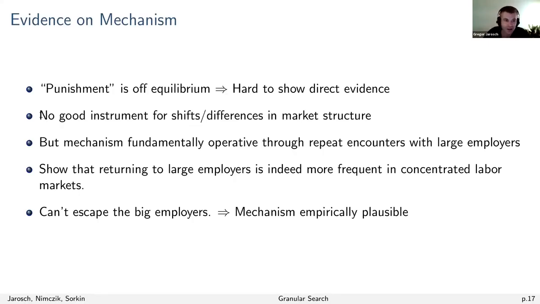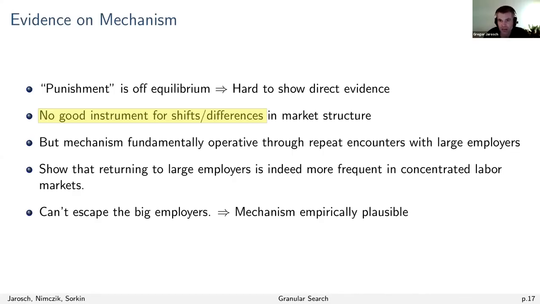And I think the literature now agrees that, at least so far, we haven't found any good IVs for shifts in market structure or market power. But we note that the fundamental mechanism in this paper operates through repeat encounters with the large employers in town. The basic notion is that you can't quite escape the big players.